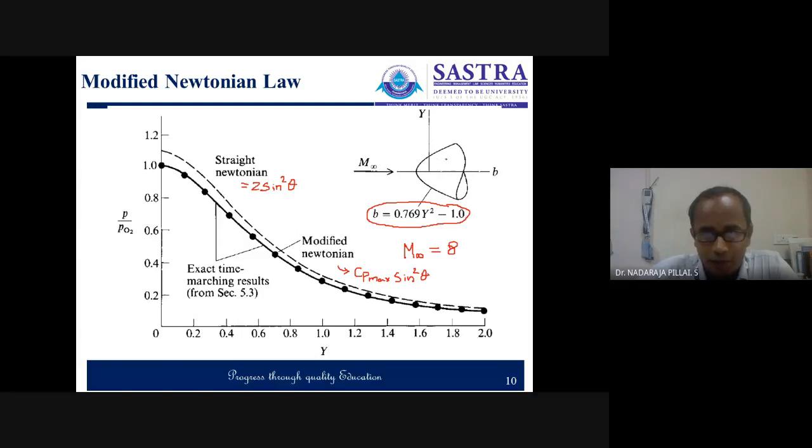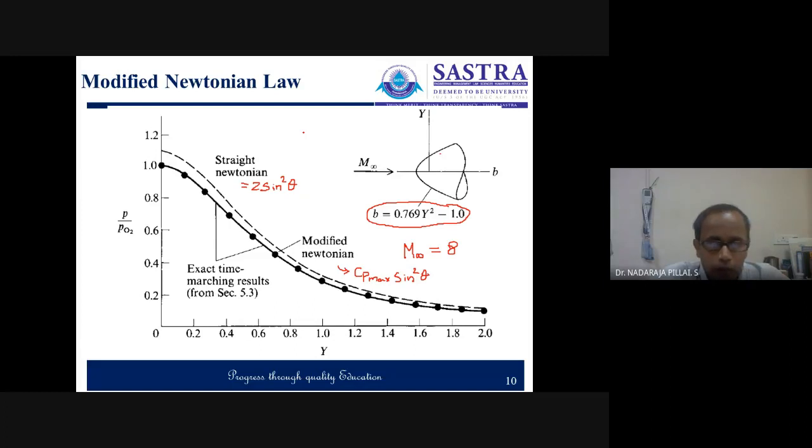Here the dashed line, which is the straight Newtonian result, lies 9% above the exact result by considering the average point.